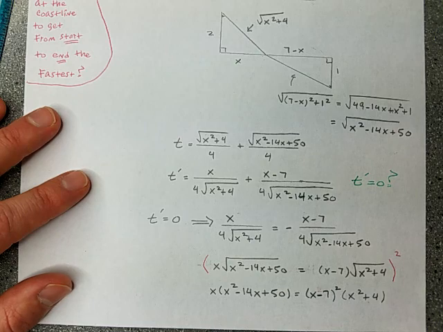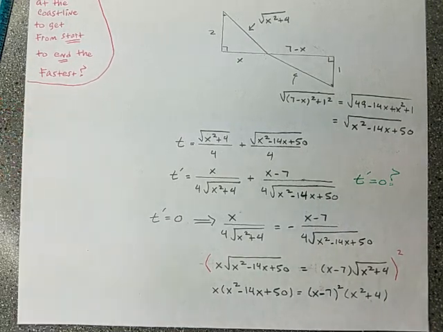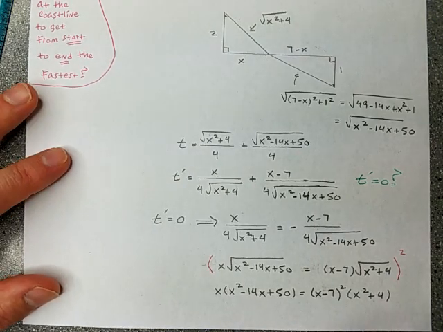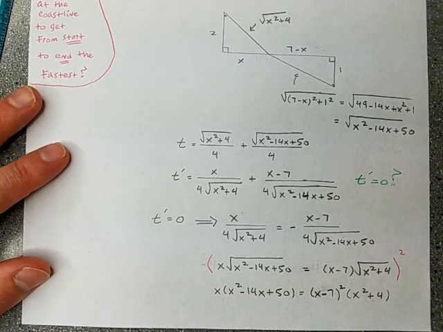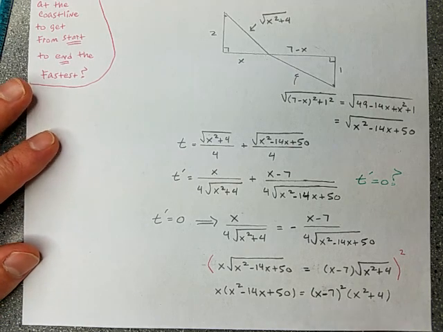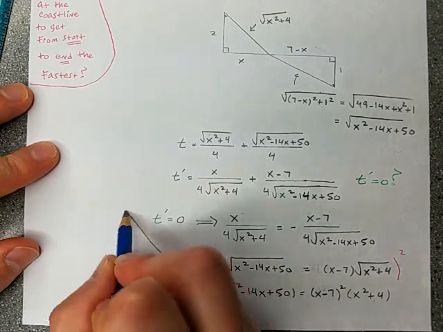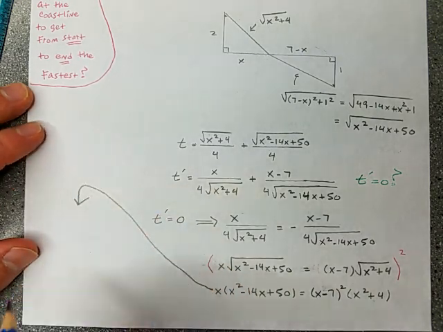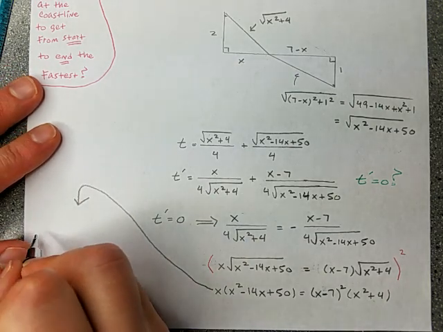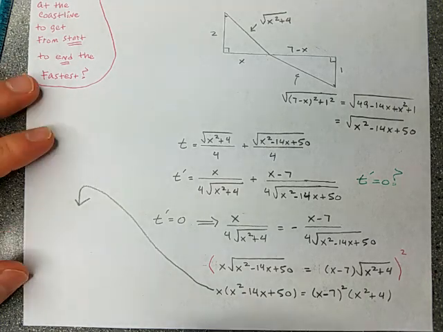Now this, if you do all the multiplying, it turns out to just be a quadratic, all right? And so it's going to take some multiplying, etc. I'm going to leave that up to you because I think if you're careful, you can do it. You know, if you get stuck, you can ask me for help. But say you multiply all that out and you combine like terms and you do all that sort of stuff that you do with those kinds of equations.